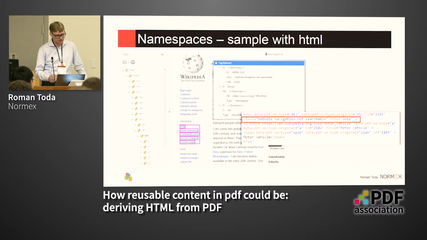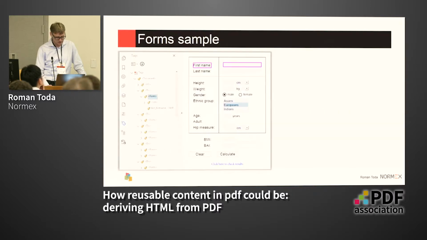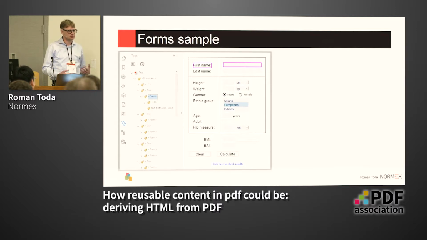As we derive HTML from this PDF, we would generate HTML with all this information that is hidden here. And the result might look a lot richer. The user experience is a lot better.